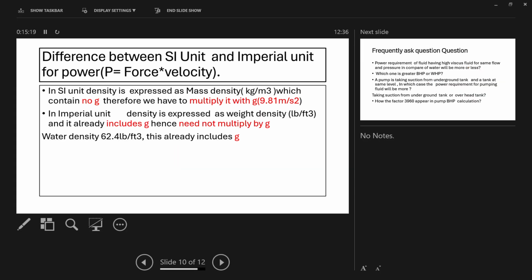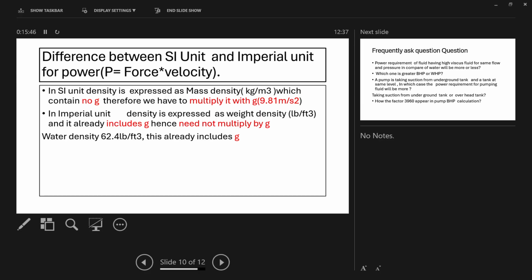Now why has this G factor come? Because power is equal to force into velocity, and when we are using SI units, we express density as mass density, kg per meter cube, which contains no G. Therefore, we have to multiply it with G, that is 9.81.